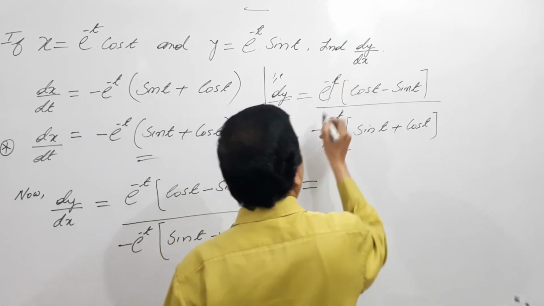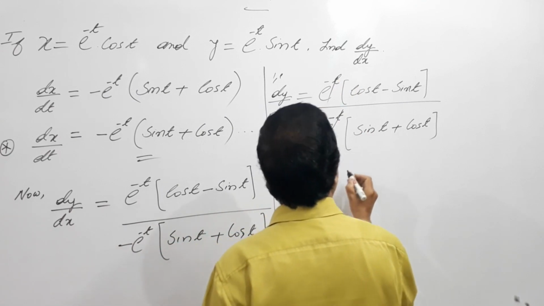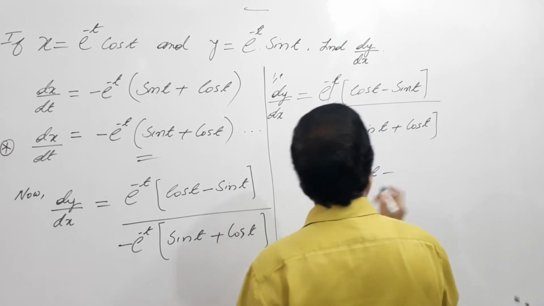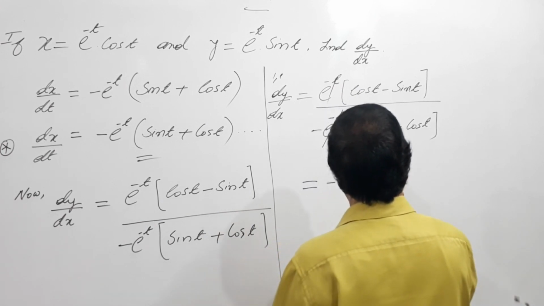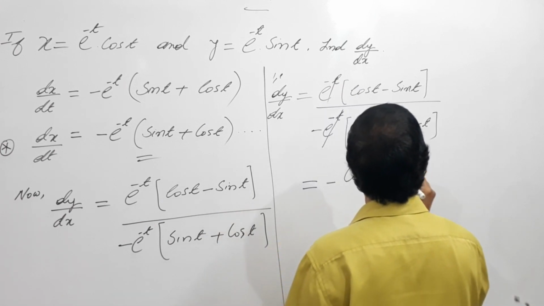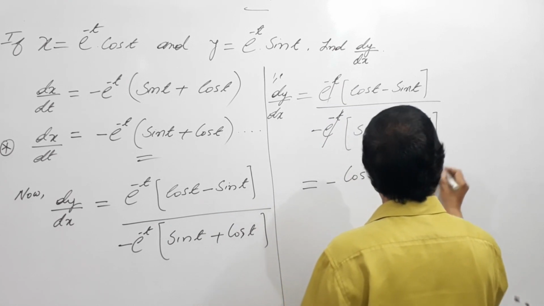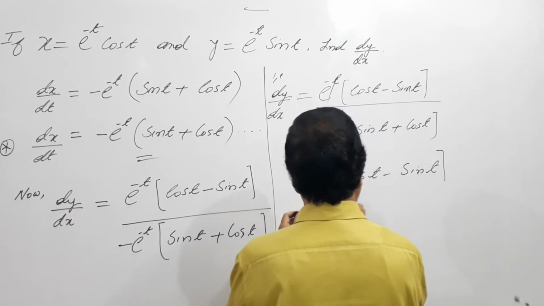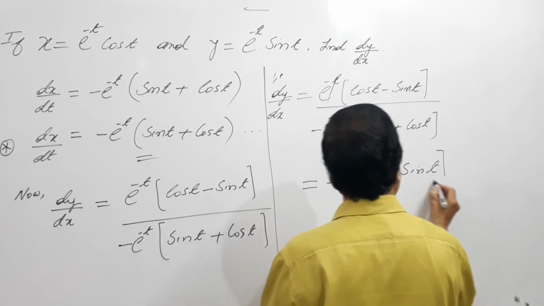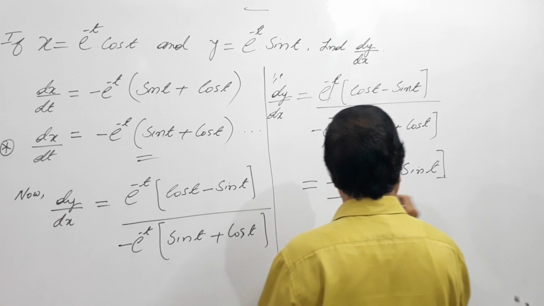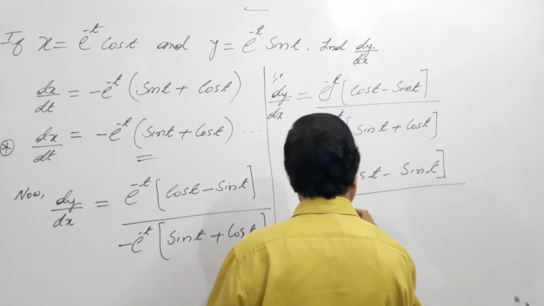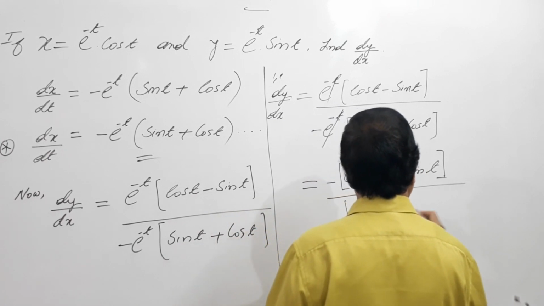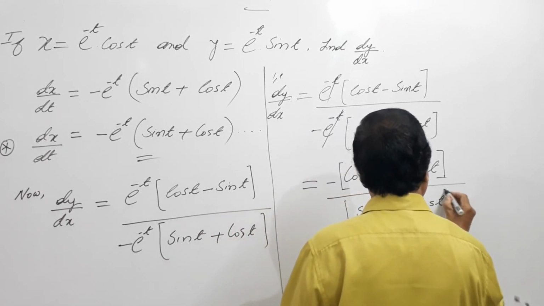This and this cancel, and with the minus you will have a minus sign here. That is (cos t minus sin t) divided by (sin t plus cos t).